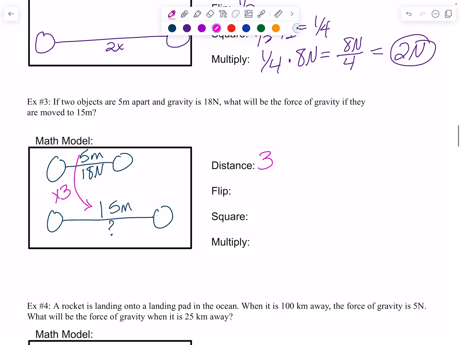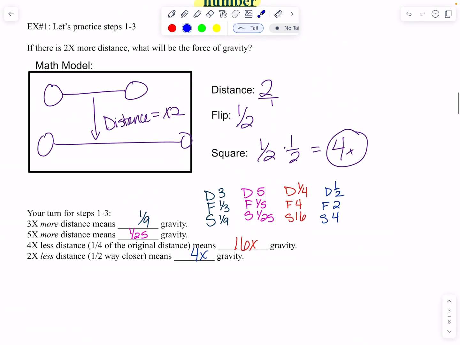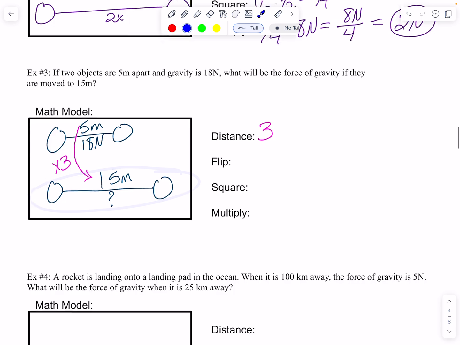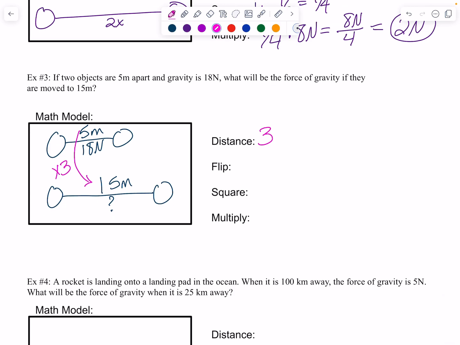The other thing I'm looking at is, is it closer or is it getting farther apart? So this one I know is getting farther. So if I go back up here, farther means start with a whole number. So that's the other reason why I know to start with the number 3. So the flip of 3 is 1/3. The square of 1/3 is 1/9.